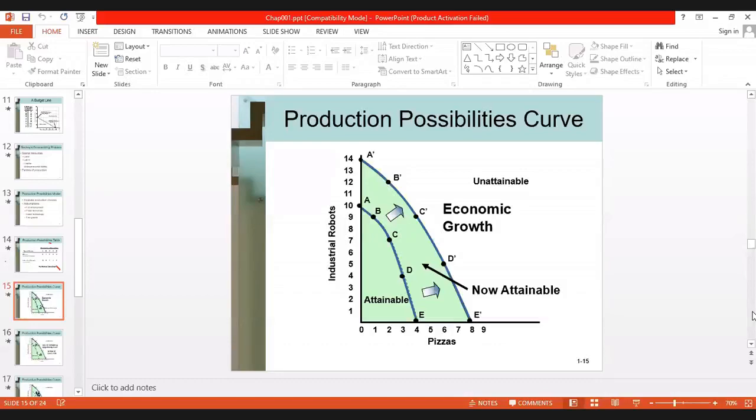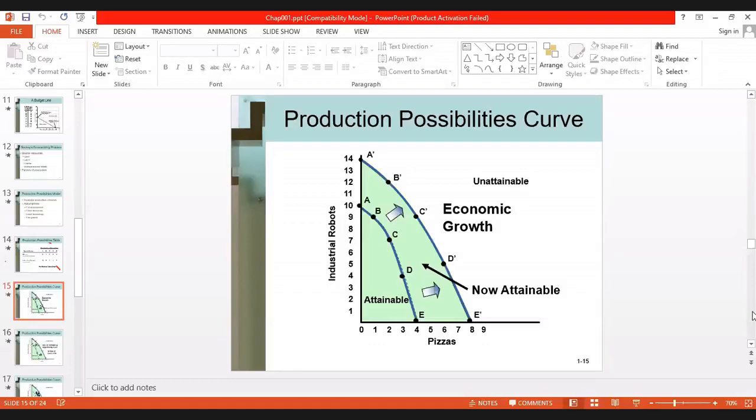In the opposite way also, if you produce one more robo, you have to give up a certain amount of pizza, and then more pizza, and then more again. So this production possibility curve is curved because of increasing opportunity cost.